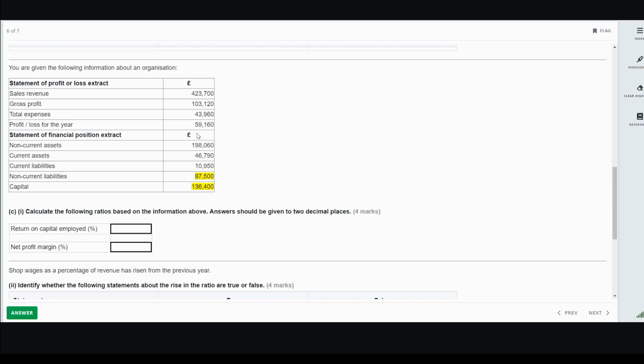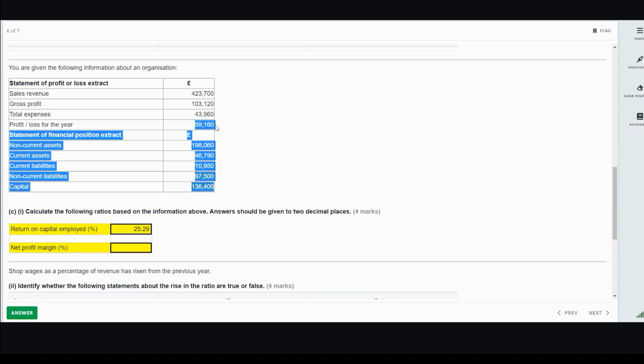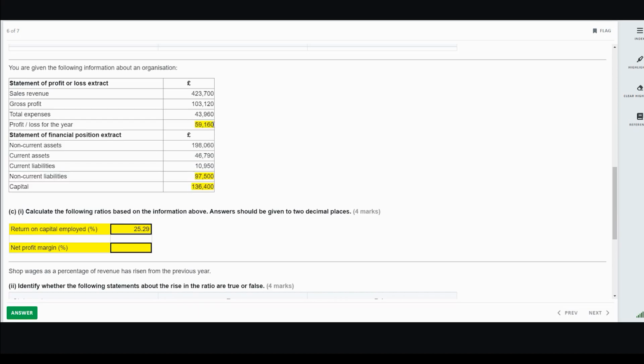Which gives you 233,900. So 59,160 divided by 233,900 times 100 gives you 25.29%. Okay. Net profit margin. Remember, this is your profit for the year, so that's your net profit.